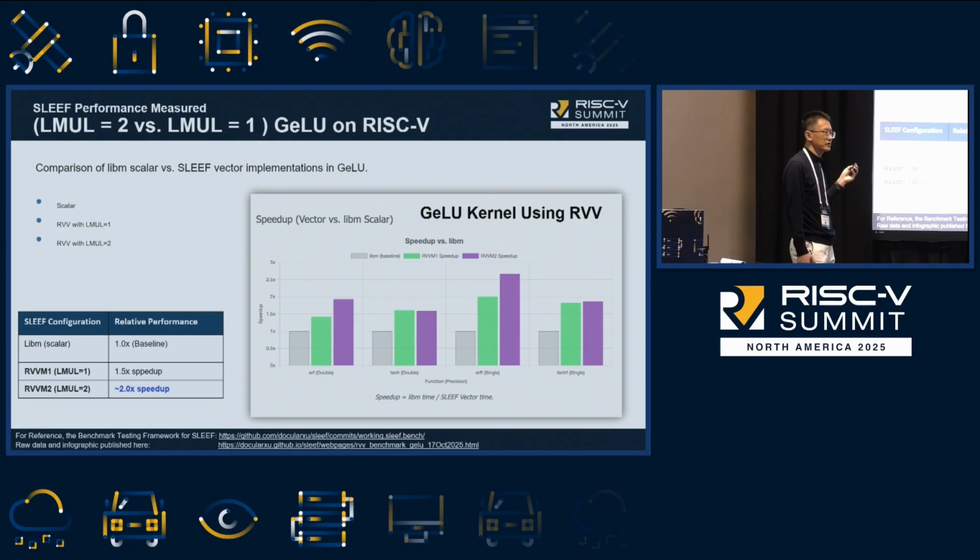I do notice that yesterday in another session, the engineer from Tenstorrent discussed the out-of-order pipeline microarchitecture. The conclusion from them is that in an out-of-order pipeline, they do not recommend length multiplier equals 2 or 4.